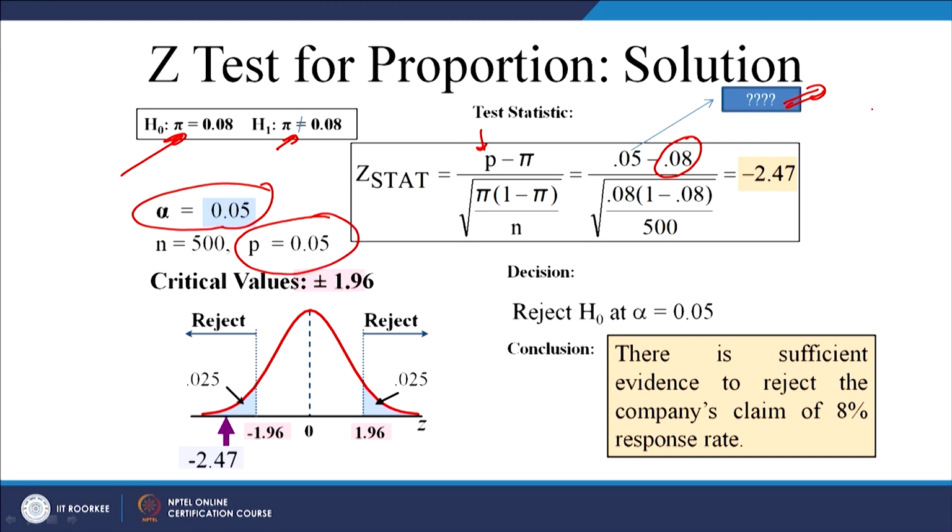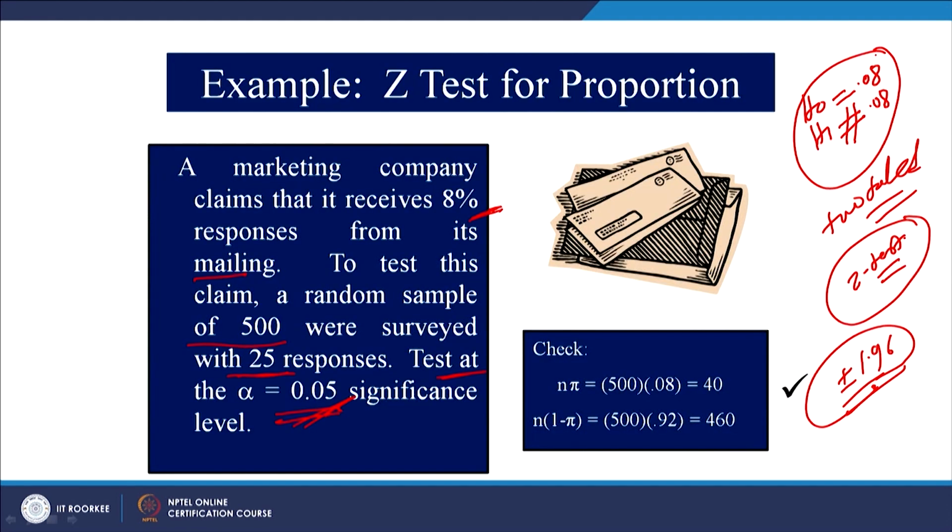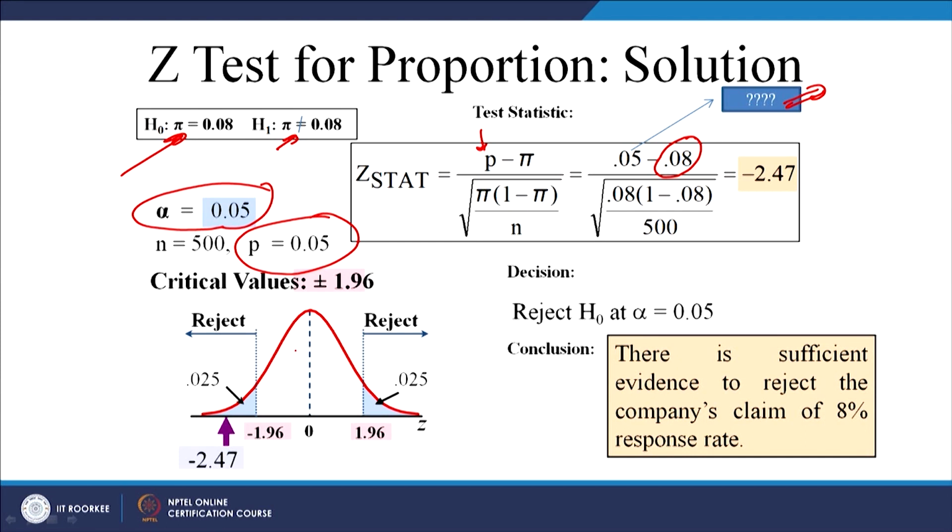Because in a sample of 500 which you surveyed, you just saw 25 responses, right. So, it is 25 by 500, right. So, it becomes 0.05, is not it. So, that is why p is equal to this, pi is equal to this, and this is the standard error of proportion.